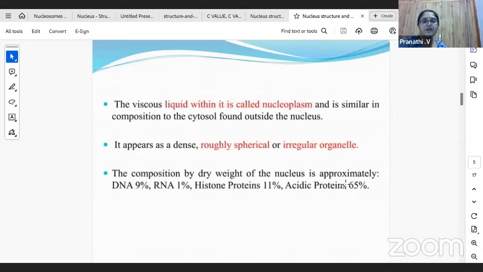It is irregular because of the presence of so much DNA. Again, there is DNA, RNA, and proteins. Almost 75 to 80% of the nucleus is made up of proteins.